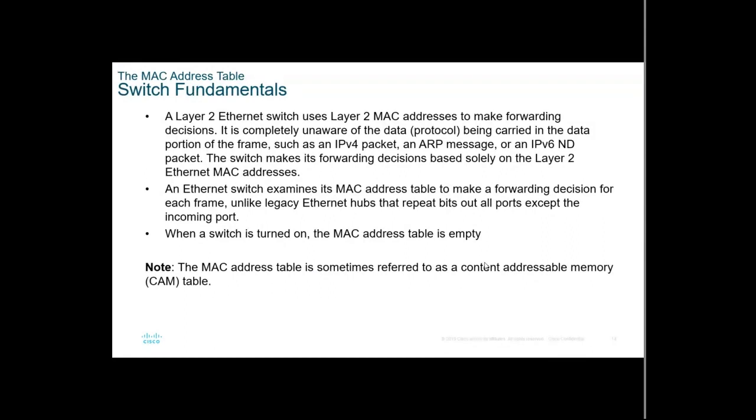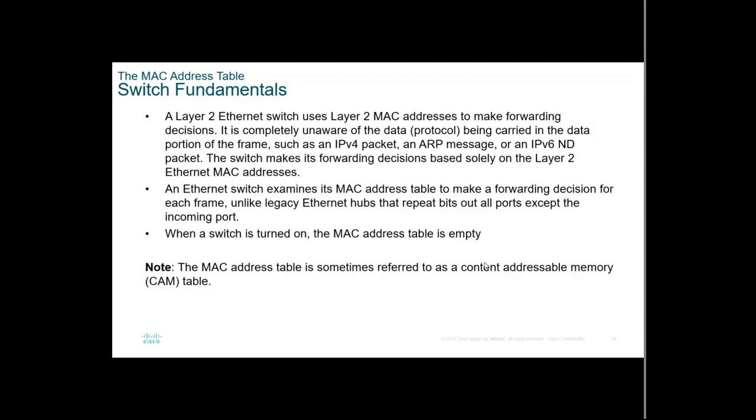So whatever is being carried, it doesn't care about the data. It doesn't care about the IPv4, an ARP message, or an IPv6 ND packet. The switch makes its forwarding decision based solely on the layer 2 Ethernet addresses.